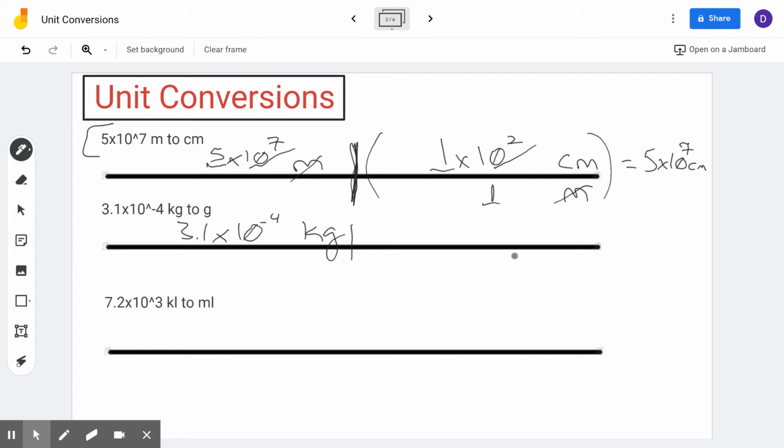Now, because the kilograms are up here, I'm going to cancel it out down here. So 1 kilogram is how many grams? It's 1 times 10 to the third grams. Kilograms cancel. 3.1 times 1 divided by 1 is 3.1. And it's going to be times 10 to what power? Well, you've got 10 to the negative 4 and 10 to the third, so that's 10 to the negative 1, and you're in grams.